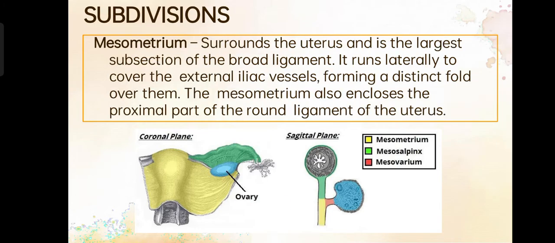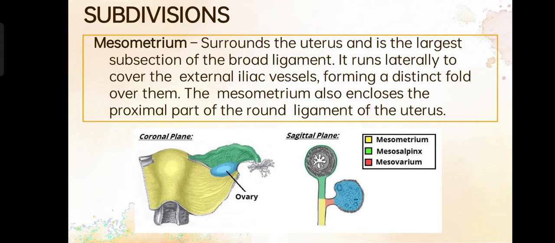So next we have the mesometrium. It surrounds the uterus and is the largest subsection of the broad ligament. It runs laterally to cover the external iliac vessels, forming a distinct fold over them. The mesometrium also encloses the proximal part of the round ligament of the uterus.